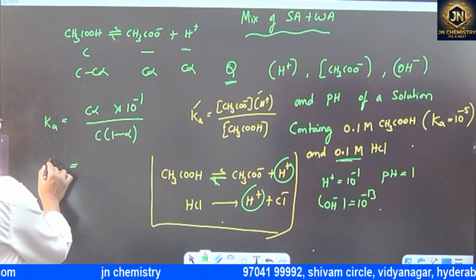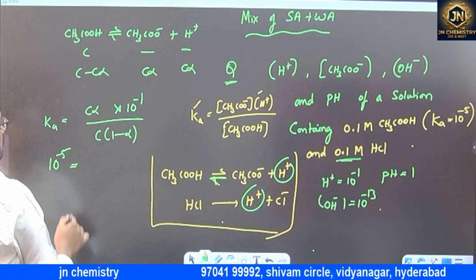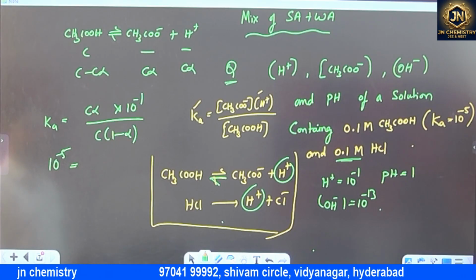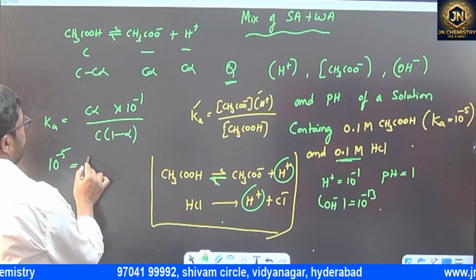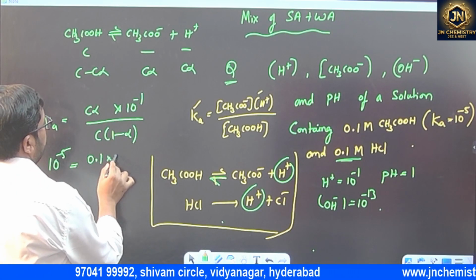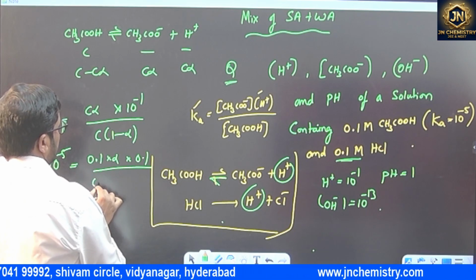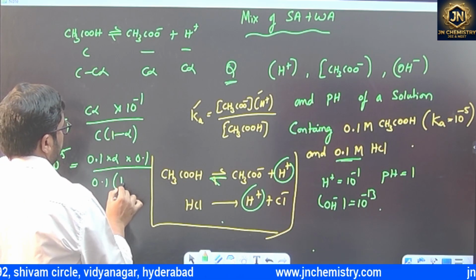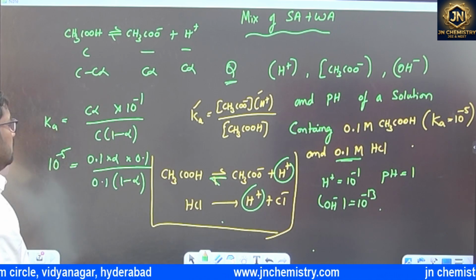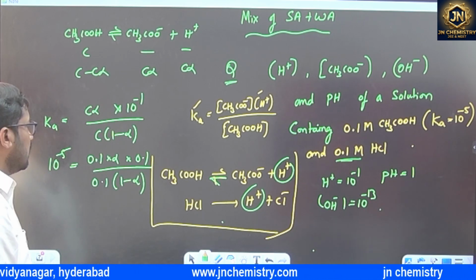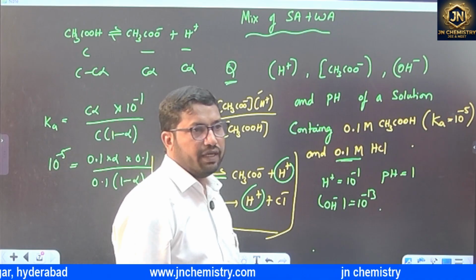Ka value is 10 to the power of -5. Concentration is 0.1 into alpha, we need to know. So 0.1 by 0.1 into 1 minus alpha. So find out the alpha here.